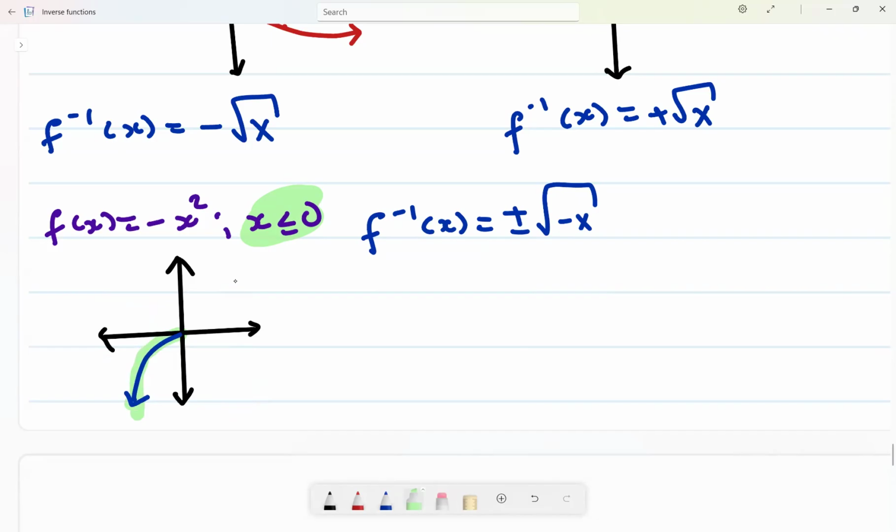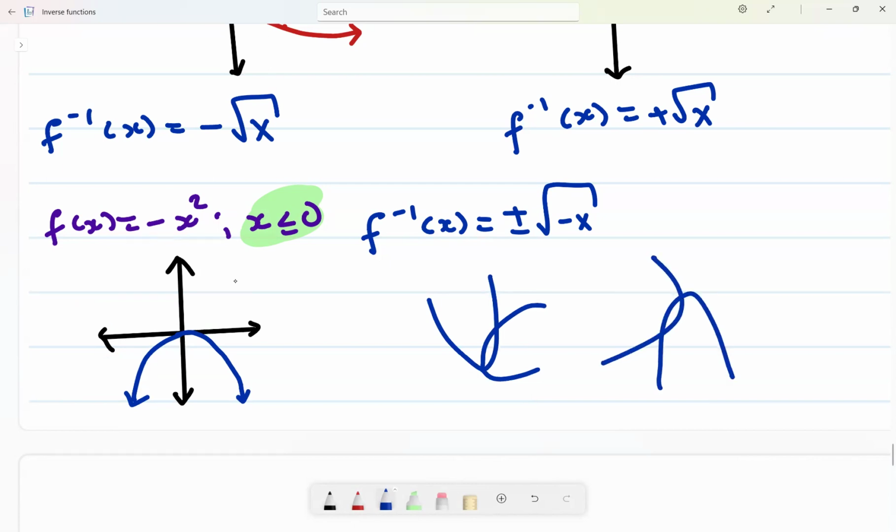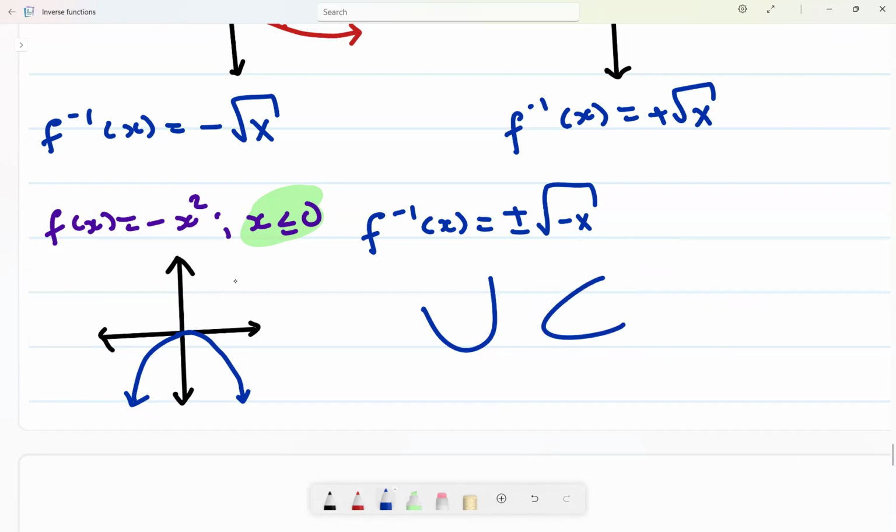Before I do that, I need to see how my inverse looks. Remember when we had this part, the inverse was like this. So when I have that part, my inverse will look the other way around. If this one was looking up, that one looked to the right. Up, right.